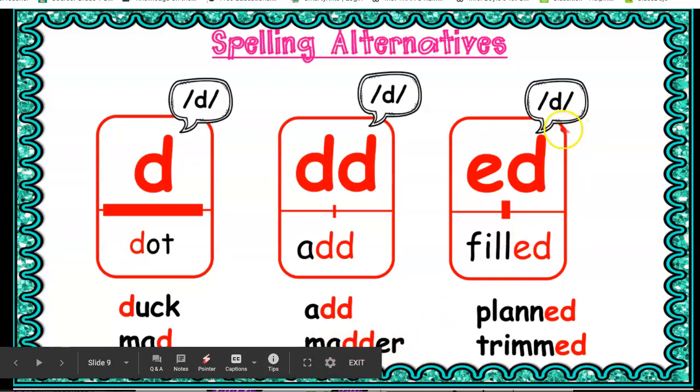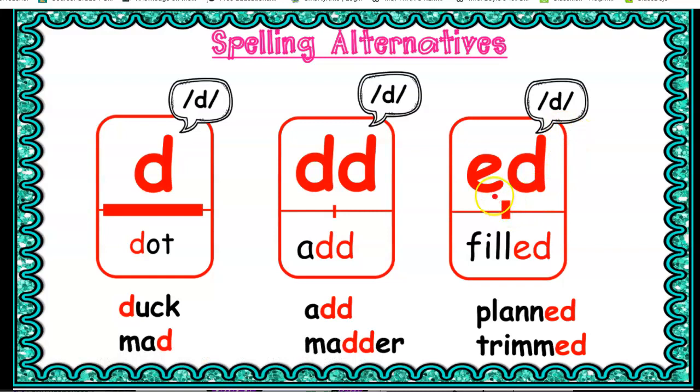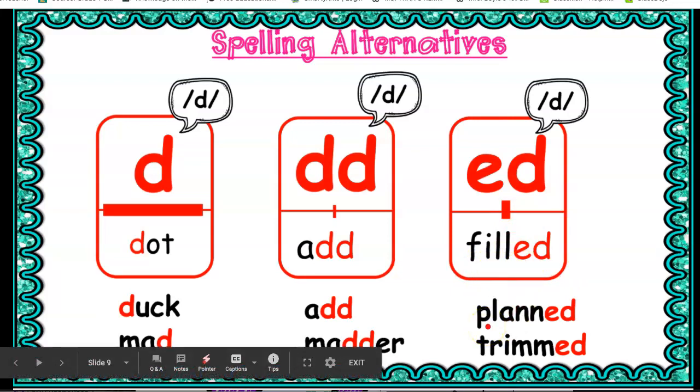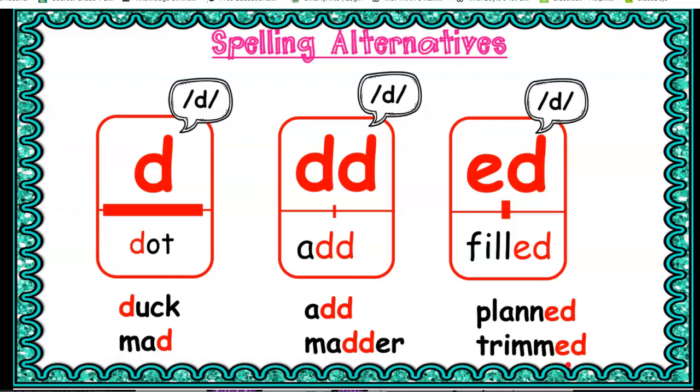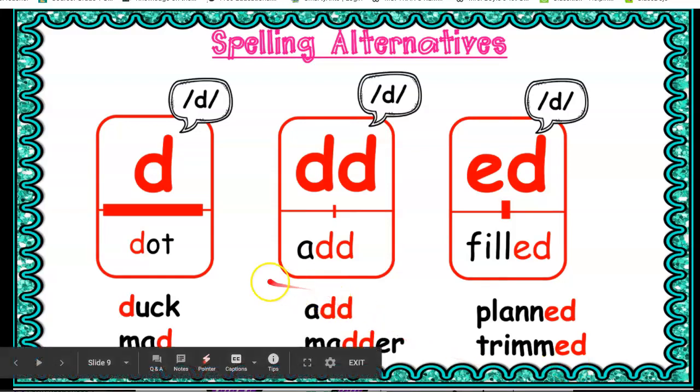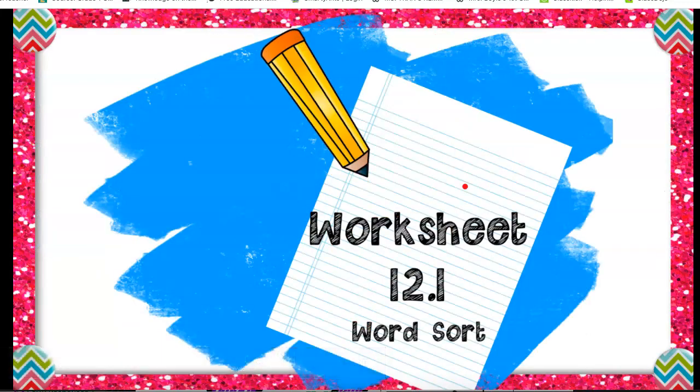We can spell the d sound with the letters ed, like in the word filled, and planned, or trimmed. So again, three different ways that we've learned to spell the d sound: with the letter D, the double D, or ED.